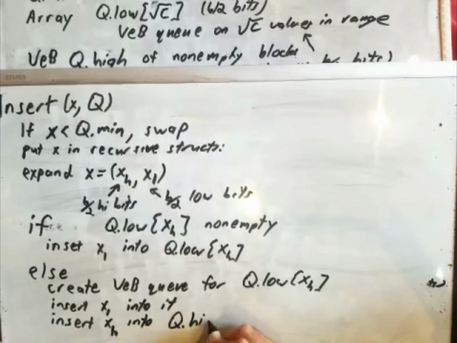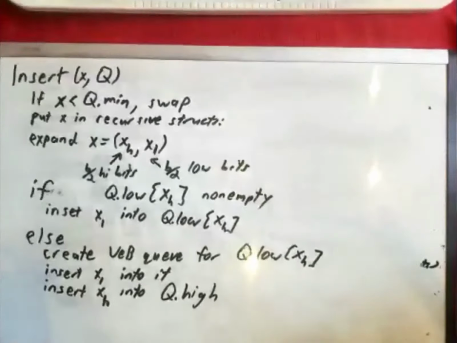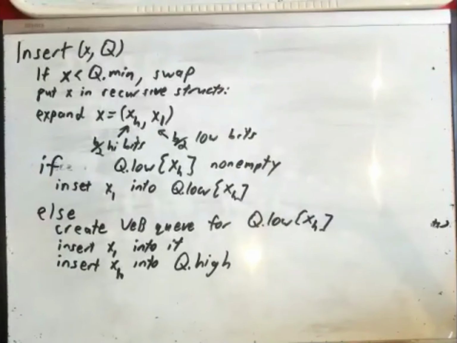And I do that by storing the high bits, the index of that second block, into Q dot high. Okay. So that's the whole algorithm for doing an insert. Any questions about it?